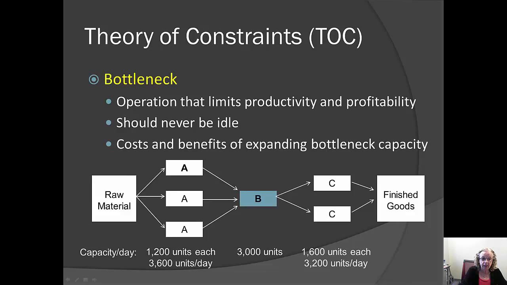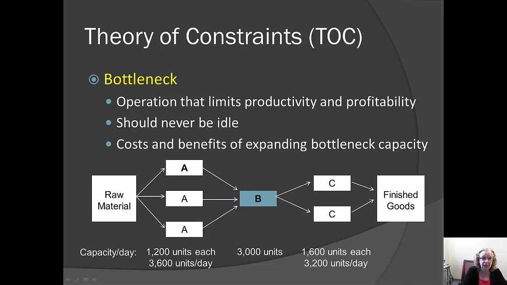Here's the problem. Department B only has 1 machine. And even though it's a very good machine and a very quick machine, and it can churn out 3,000 units each day, it doesn't matter that the other departments are more productive because all units have to go through Department B. Therefore, this is the bottleneck.